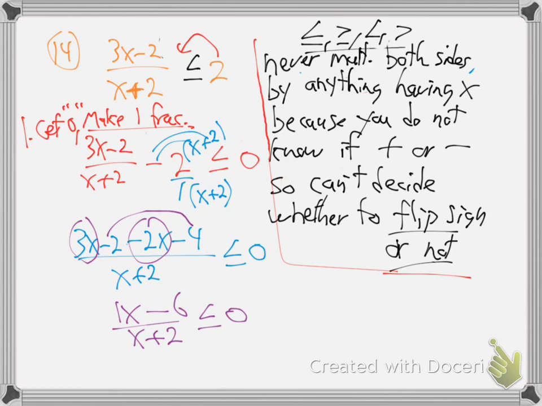So that's step 1. All of that is step 1. We got a 0, and we made the other side one fraction. So this is what we're going to use from this point forward in the problem. It's just easier to work with this. Basically, we're going to graph that now. We want to get a rough graph of that thing, find out where the graph's above and where it's below, and they want us to give them the parts that are less than 0.